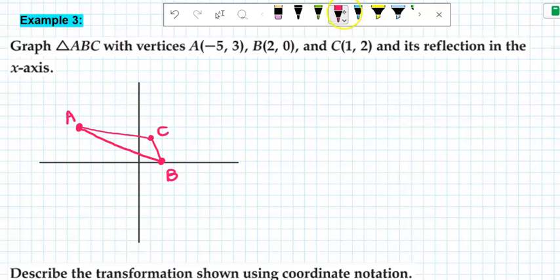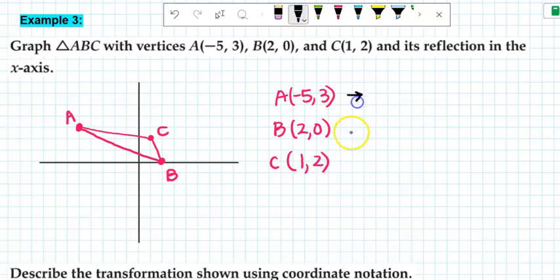Okay, so one thing you can do if you want is you can write out your points here and show how you're reflecting. No, you don't have to do it. Just sometimes if you want to keep a little bit more organized, you can. But this time we're reflecting over our x-axis. Remember, our x-axis is our horizontal axis here. So that's going to be our line of reflection.